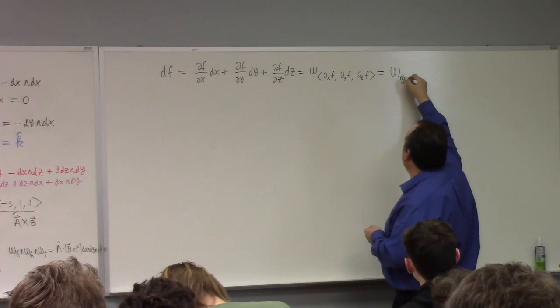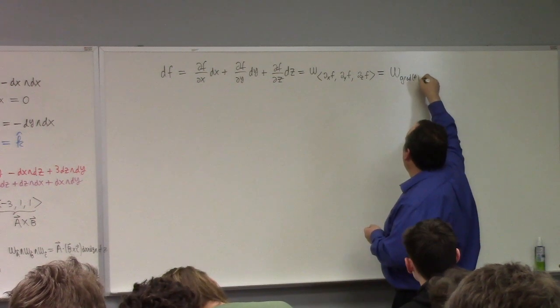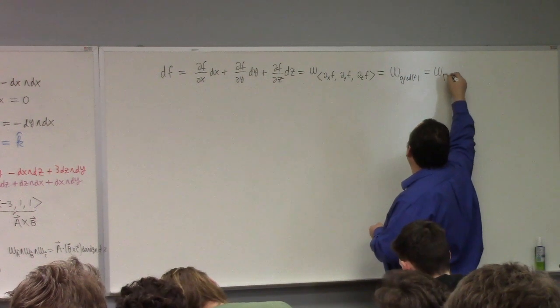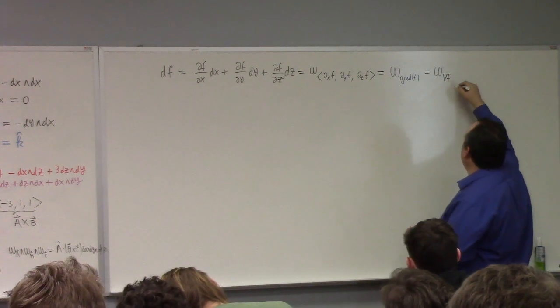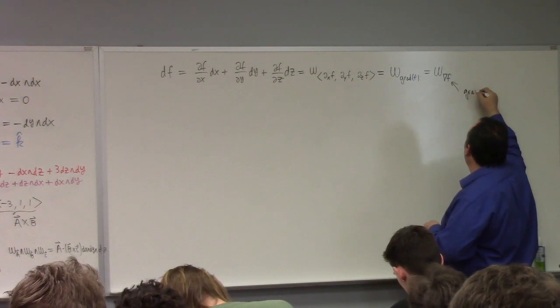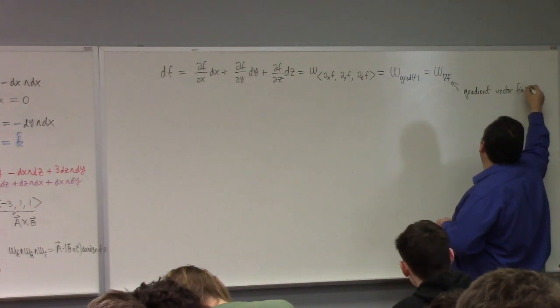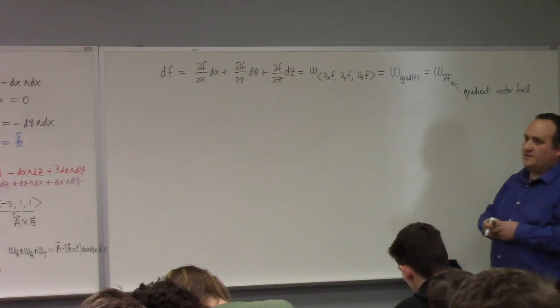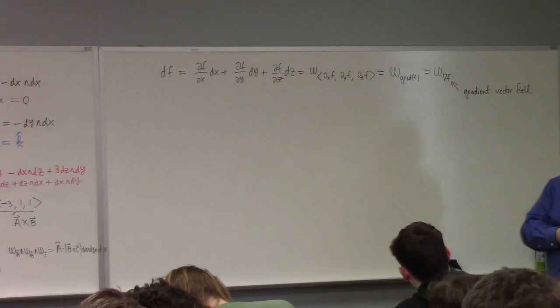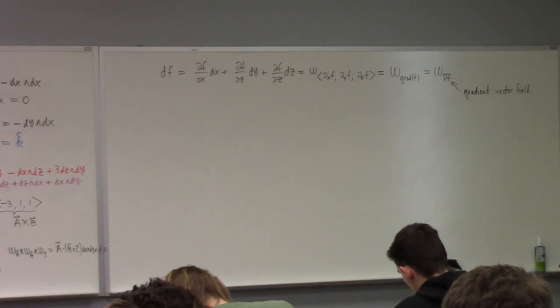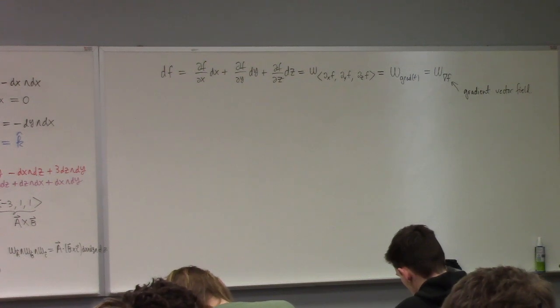Some books might use grad. I prefer nabla. So this is, of course, the gradient vector field. So the exterior derivative automatically calculates the gradient vector field for a function.